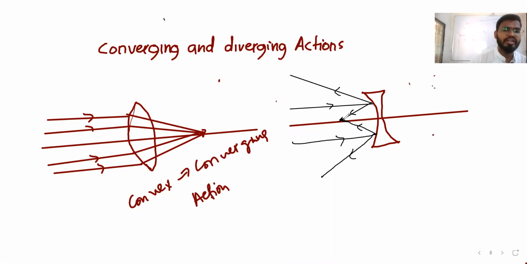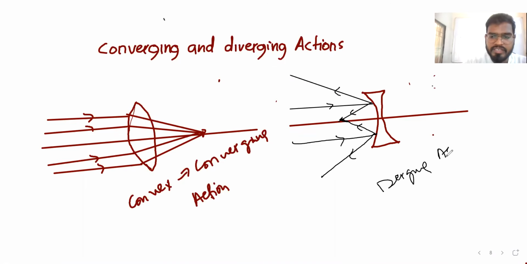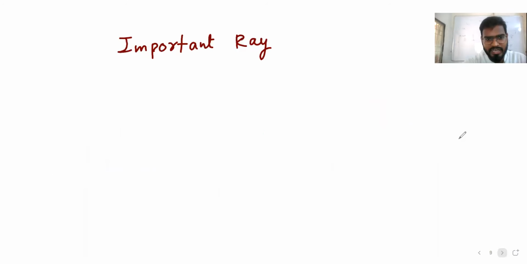So this we can say is diverging action. See, the rays of light are diverging. So convex will have converging action, and concave will have diverging action.